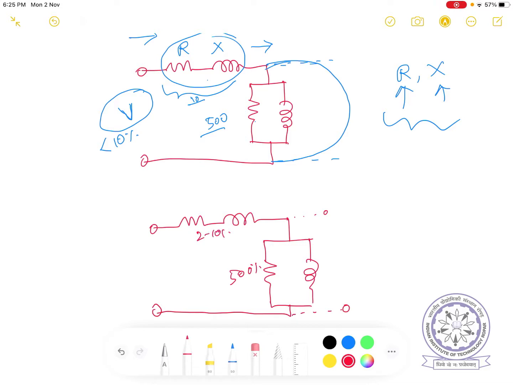Compared to this shunt impedance, the impedance of this series branch is very small. Therefore, under no load conditions, when there is no load current in this branch, the voltage drop is negligible, almost zero.